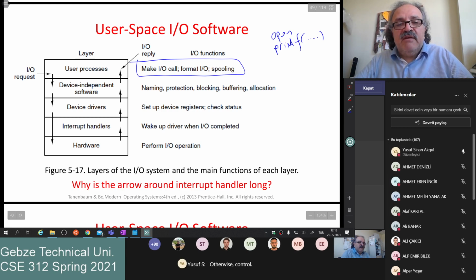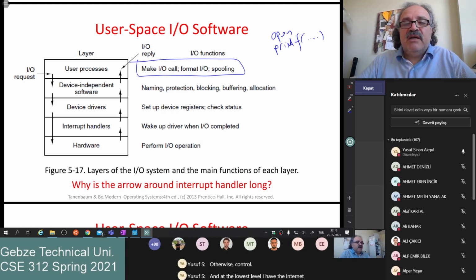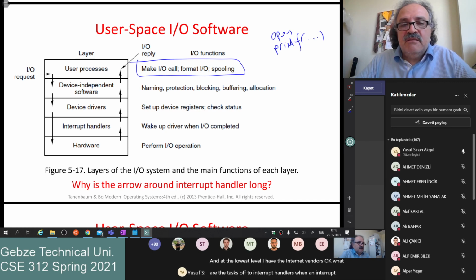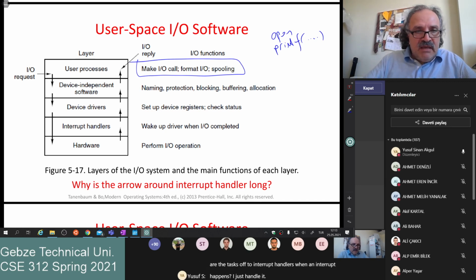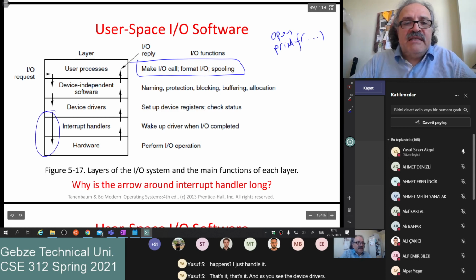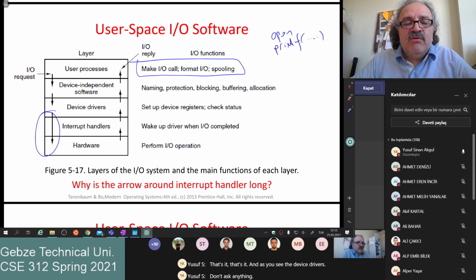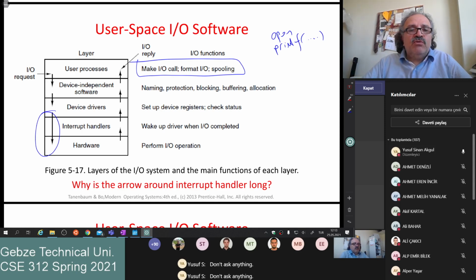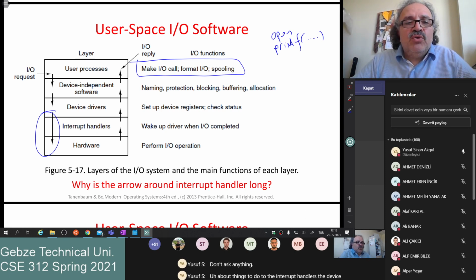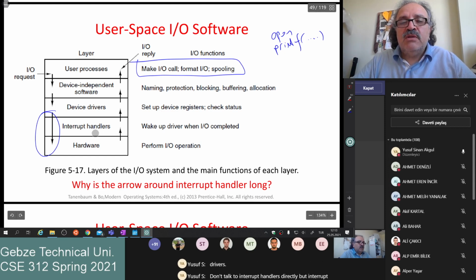And at the lowest level, I have the interrupt handlers. Okay, what are the tasks of the interrupt handlers? When an interrupt happens, I just handle it. That's it. And as you see, the device drivers don't ask anything about things to do to the interrupt handlers. The device drivers don't talk to the interrupt handlers directly, but interrupt handlers talk to device drivers.